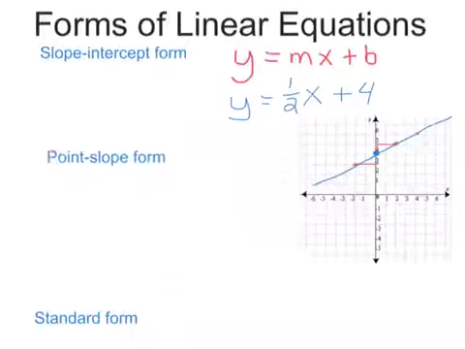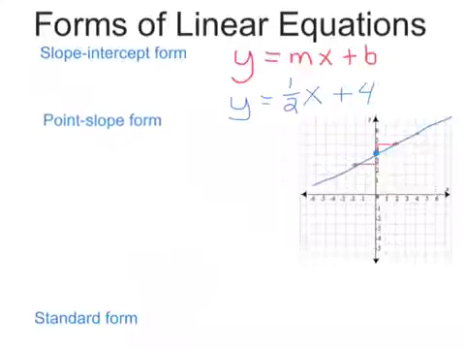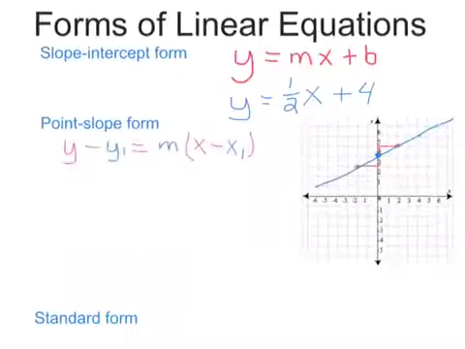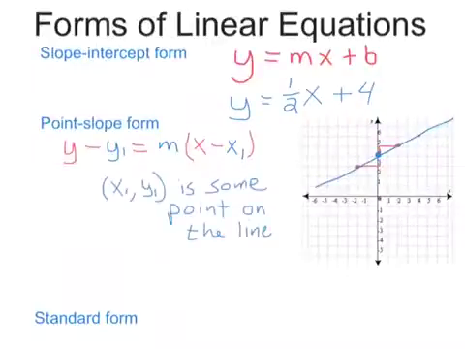The next equation we have is what's called the point slope form. And the point slope form looks like this. It says y minus y1 is equal to m, your slope, times x minus x1. And in this case, (x1, y1) is a coordinate, or is some point that's on the line.